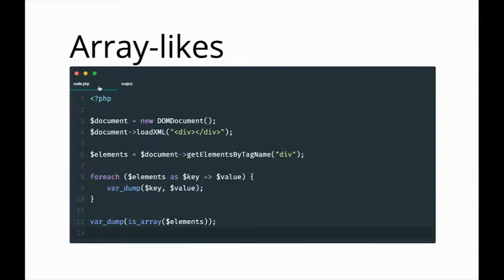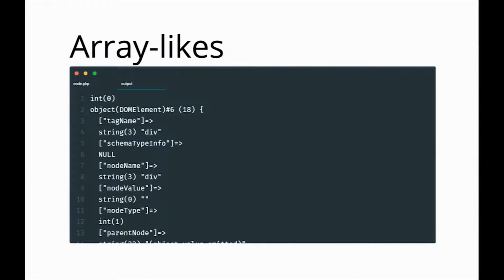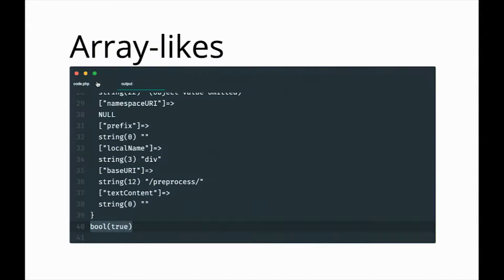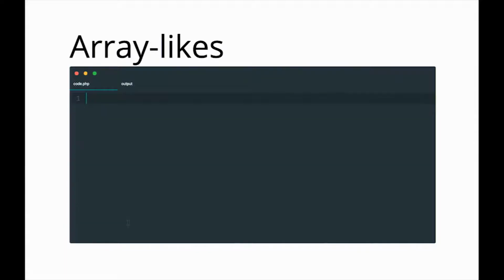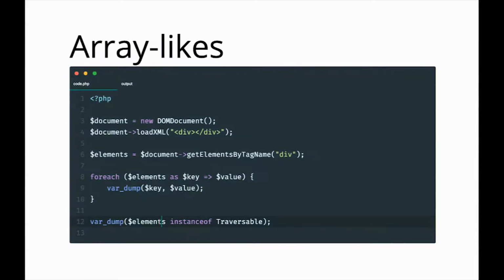So PHP has more tools for us. In the days before PHP 7, we would have to do something like elements instanceof Traversable. And that will allow us to see if something is traversable, even if it's not an array. Recently, we've gotten the ability to do something like is_iterable, which is a more functional approach to doing the same kind of thing.